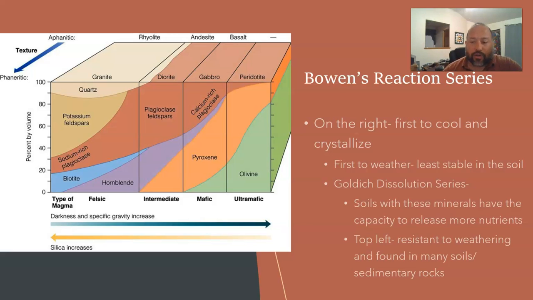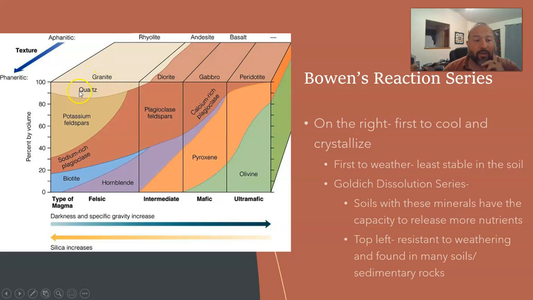And so the first ones to weather are the ones that are going to be the least stable in the soil, and that's on the right. Those are also the first ones to cool and crystallize. So as these things form over thousands of years, these ones like olivine and pyroxene and peridotite are going to be the first ones to weather. They're the least stable in the soil. They're going to be the first ones to go.